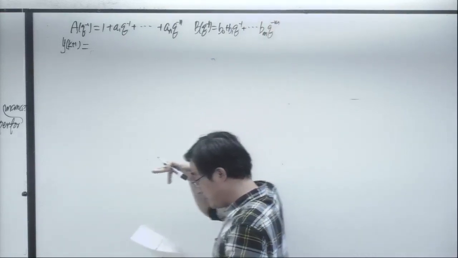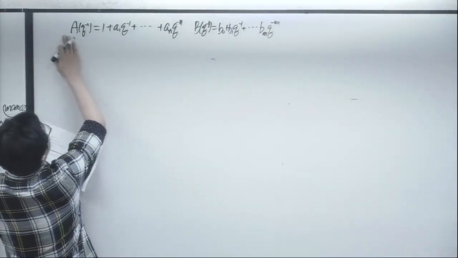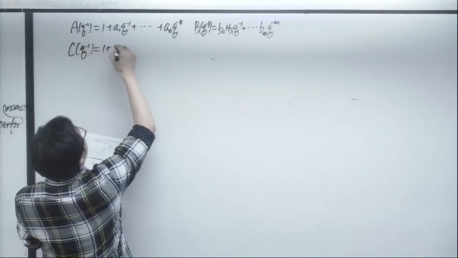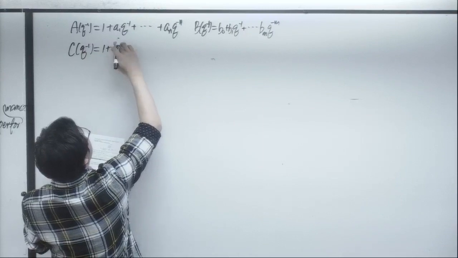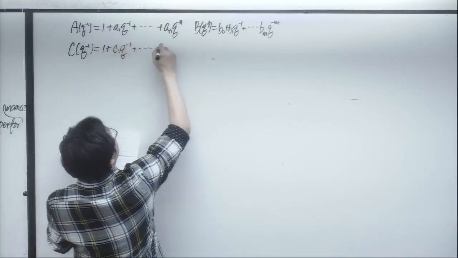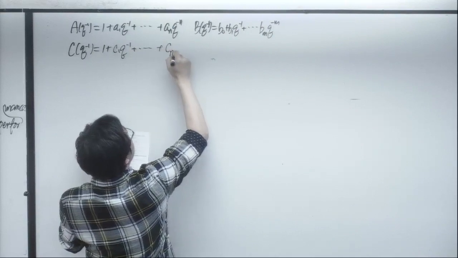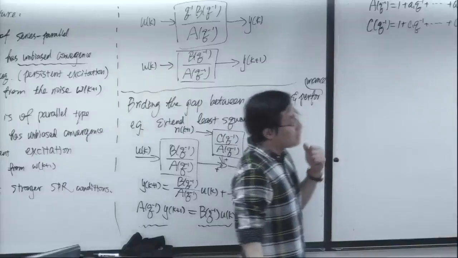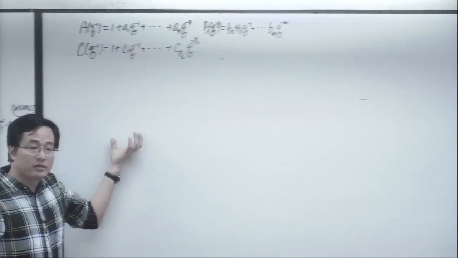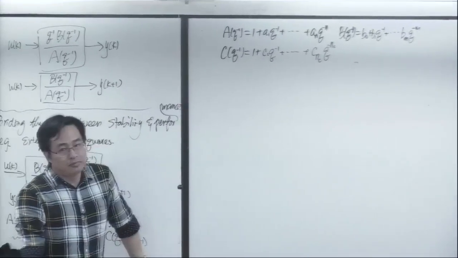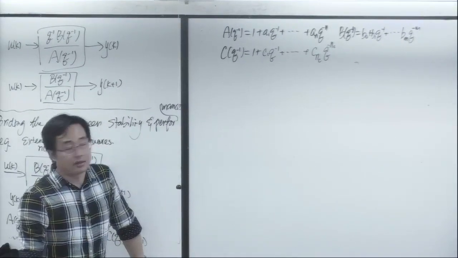And C to be nth order, so C1, up to Cn sub C. Okay, so these are the orders. The order of C doesn't have to be the same as the order of A, which is different from the previous PAA with an adjustable compensator.